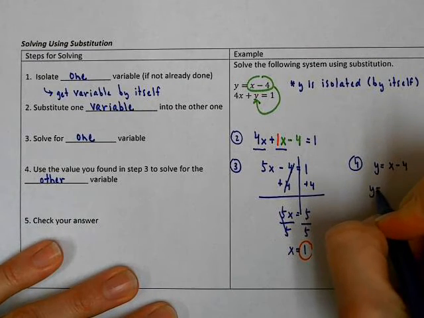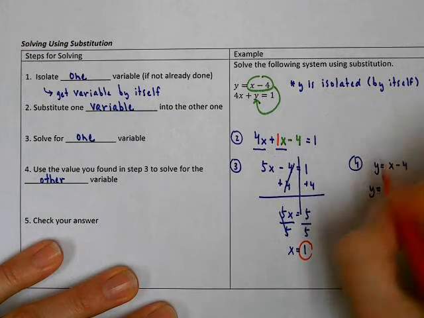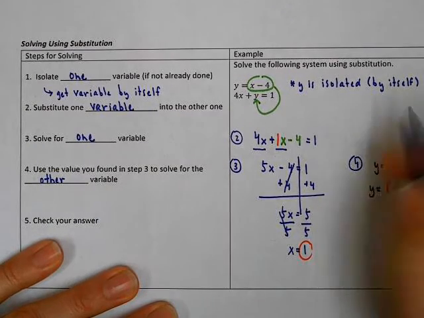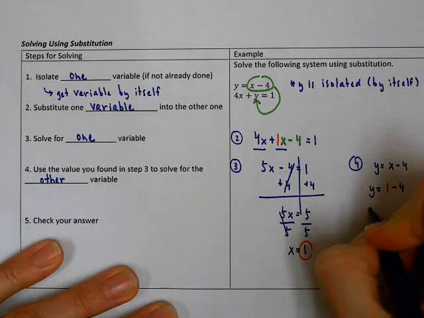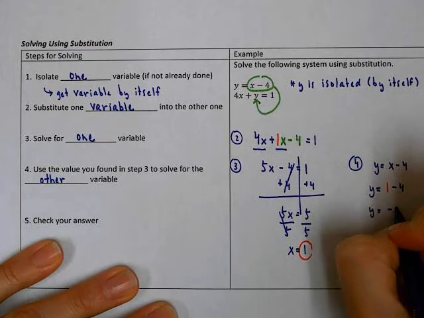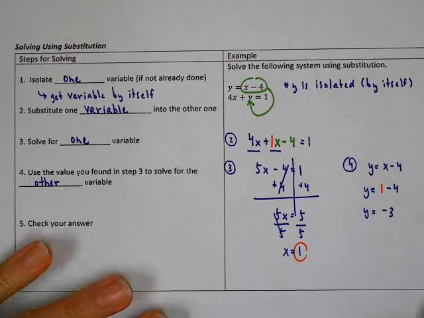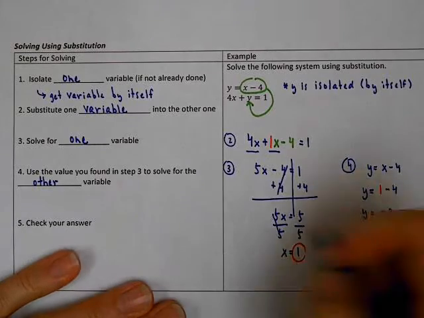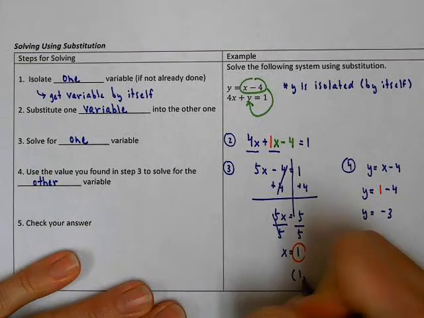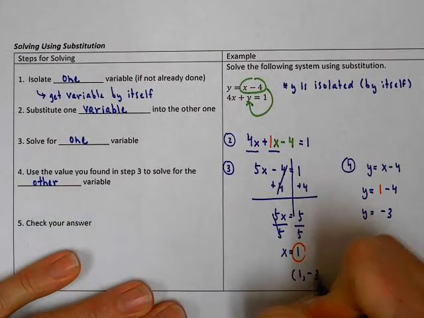So I'm going to get y equals, x we said is 1, minus 4. So 1 minus 4 is negative 3. Now we know that solutions of systems are ordered pairs. So now I know my x value is 1, my y value is negative 3.